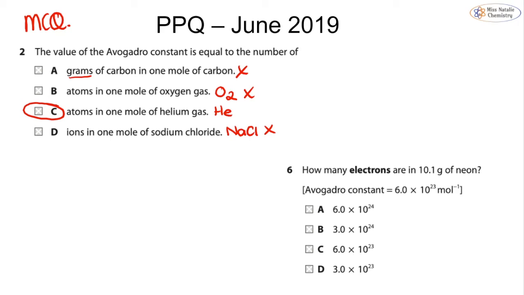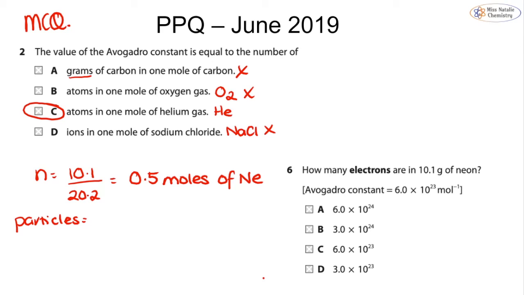For number 6, we have how many electrons are in 10.1 grams of neon. So I first of all need to figure out how many moles that is. So I've got 10.1 divided by a molar mass of 20.2, which gives me 0.5 moles of neon. How many particles is that?